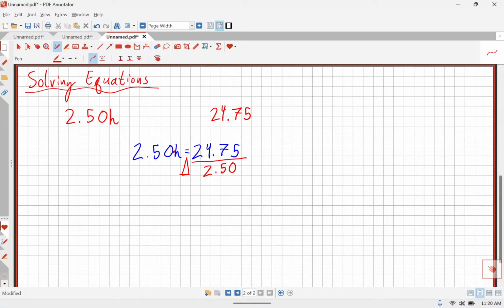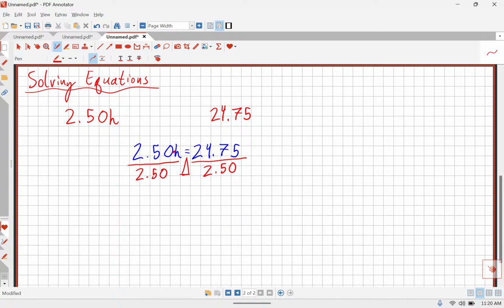If I took one side of the scale and divided the amount of things there by 2.5, like if there's 24.75 things on there and I scraped them off until there was 9.9, but I didn't do anything to the other side, would it still be balanced, yes or no? No, the other side would be heavier because I didn't divide it, right? So we have to make sure that we divide this side by 2.50 as well.